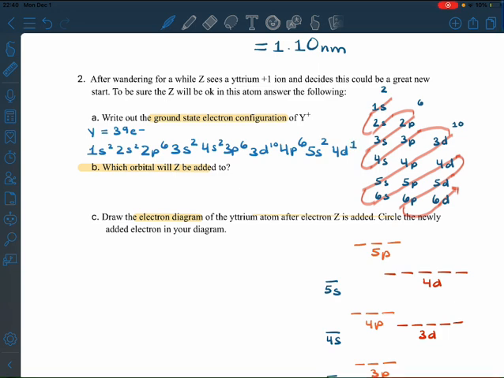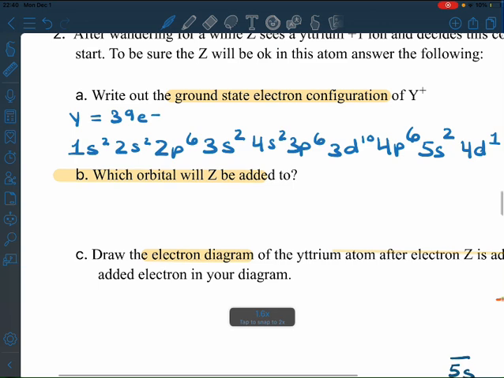That gives us the 39 electrons. But what we want in actuality is Y plus. And Y plus 1 has 38 electrons.